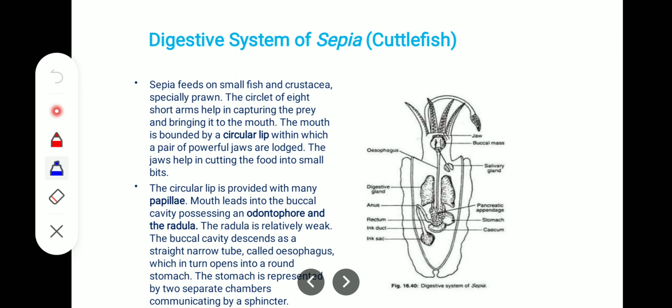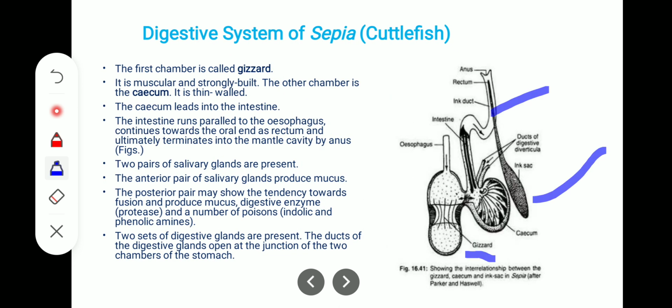Second part, esophagus; third part, stomach, and the stomach is divided into two main chambers. First the gizzard, which is present in the diagram here, and second is the cecum. Then the next part of the digestive system is the intestine, then the rectum, and finally the anus.